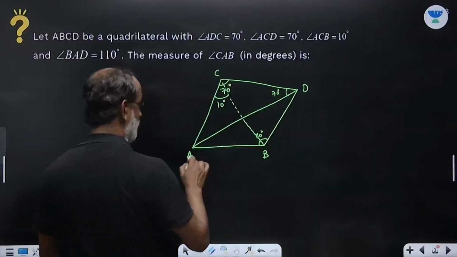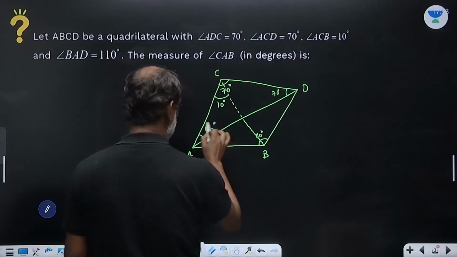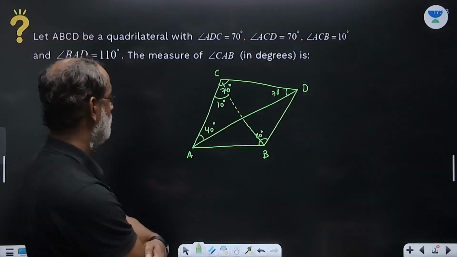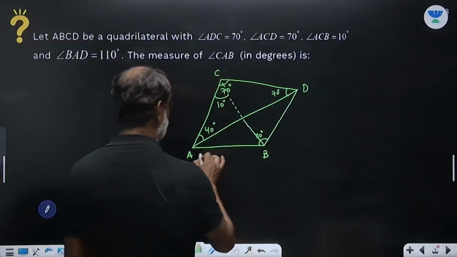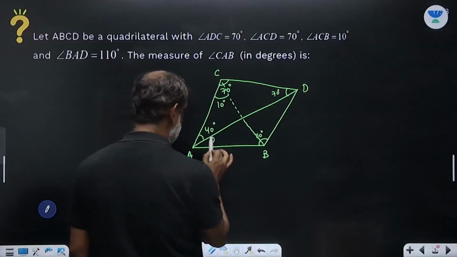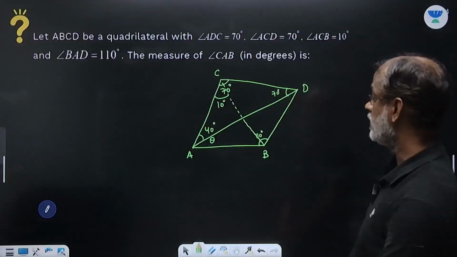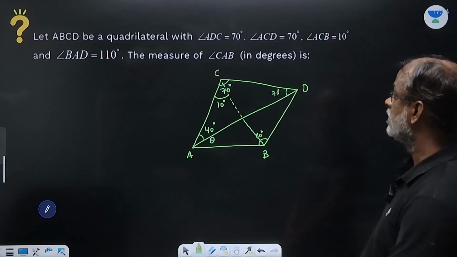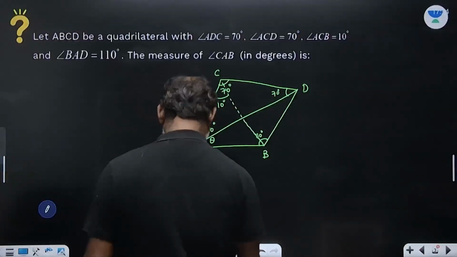So, this angle is 40 degree. Fine. Now, if this is 40, we have to find CAB. So, this is the angle that we need. ADC is 70 degree, ACB is 10 degree, BAD is 110 degree, sorry.